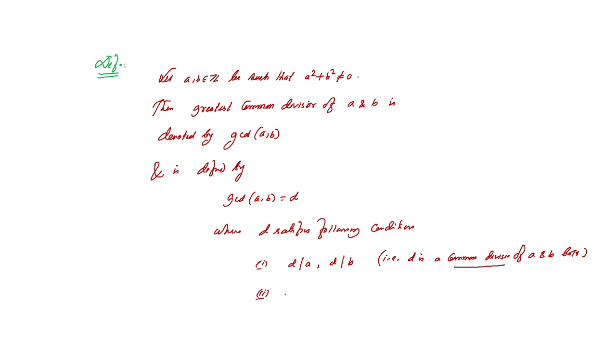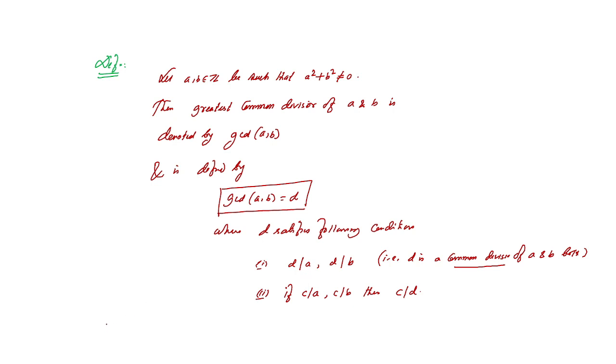And the second part: if there is any common divisor, if C divides A and C divides B, then it must happen, because this is the greatest, that C must divide D. So GCD of A, B we will say is D, but D satisfies these two conditions. Then D is called the GCD of A, B.